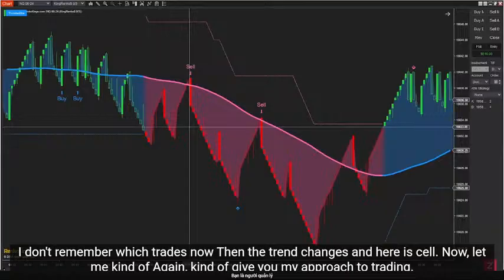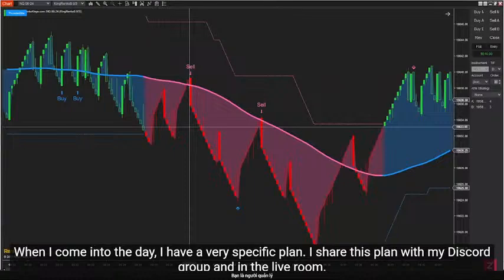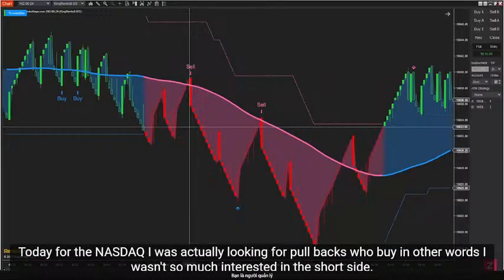Now, let me again give you my approach to trading. When I come into the day, I have a very specific plan. I share this plan with my Discord group and in the live room. Today for the Nasdaq, I was actually looking for pullbacks to buy. In other words, I wasn't so much interested in the short side.